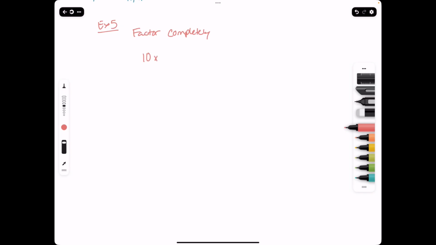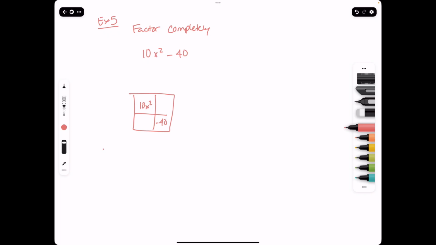If I have 10x squared minus 40, well, 10 is not a perfect square and 40 is not a perfect square. So there's not a third term. So if I just go straight into filling in my box, 10x squared and negative 40, I'm going to run into an issue of 10 only has factors of 1 and 10, 2 and 5, and that's it.